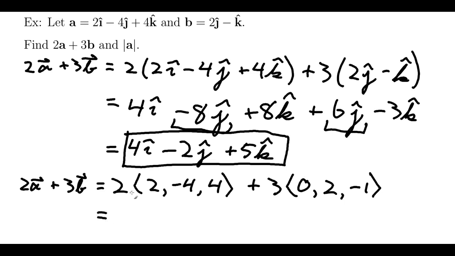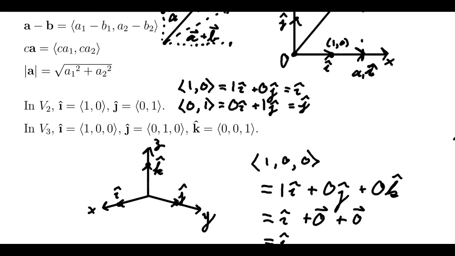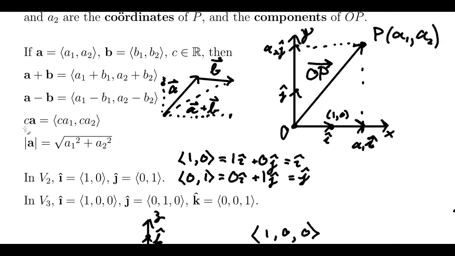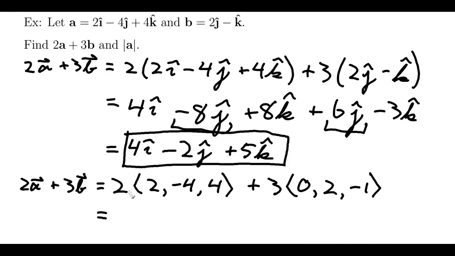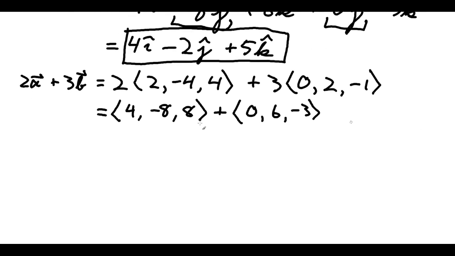If you check back to our vector definitions we gave just a moment ago, a scalar multiple of a vector, you just scale each component by that value. So 2 times this vector is going to be the vector 4, -8, 8, plus 3 times this vector, 3 times 0 is 0, 3 times 2 is 6, 3 times -1 is -3. I'm going to write a step here that I wouldn't normally, just to illustrate.